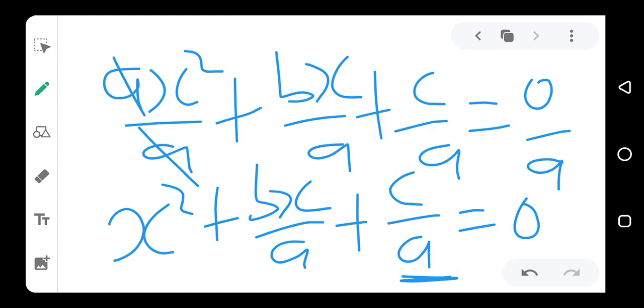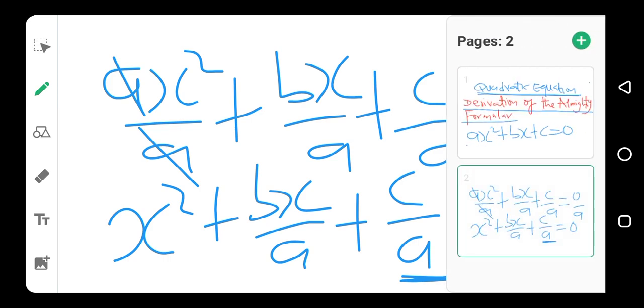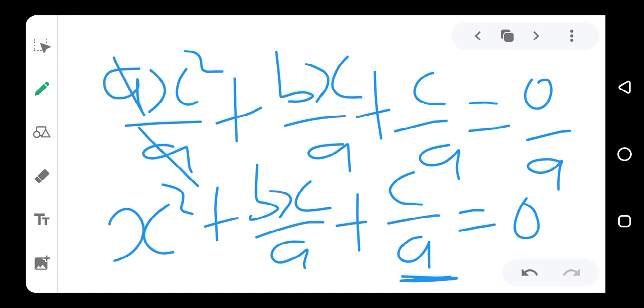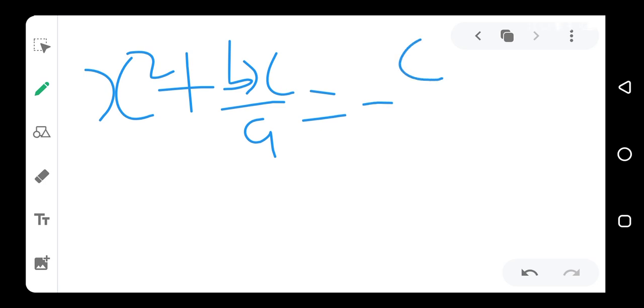Moving this to the right hand side, we now have x squared plus bx over a is equal to, this is plus here, if it is coming to this side it becomes minus, so we have minus c over a. Now with this, we come to the value with b, divide it by 2 and square it.